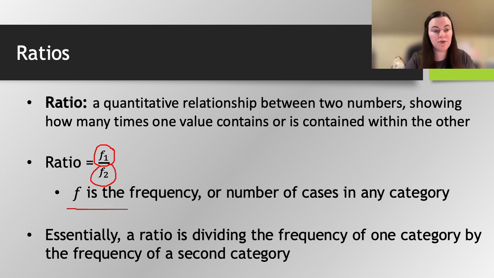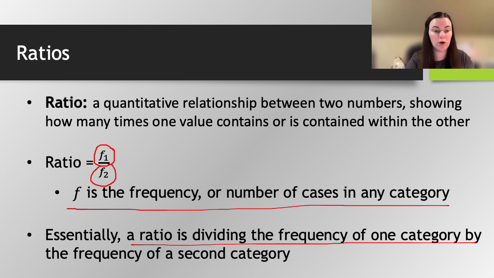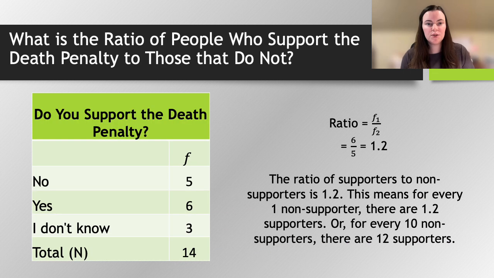In this case, a frequency is any of the number of cases within a respective category, and so essentially all that we're doing to calculate a ratio is dividing the frequency of one category by the frequency of the second category. So let's see how we actually calculate this out. So let's revisit our example regarding support for the death penalty.